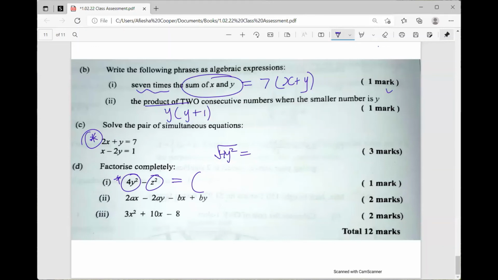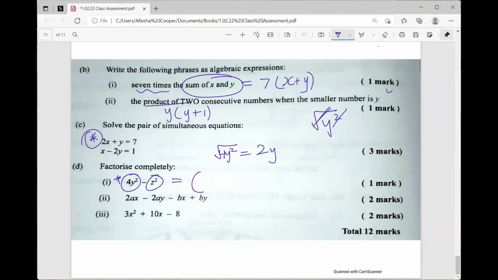What's the square root of 4? 2. What's the square root of y squared? y. So the answer for this will be 2y.